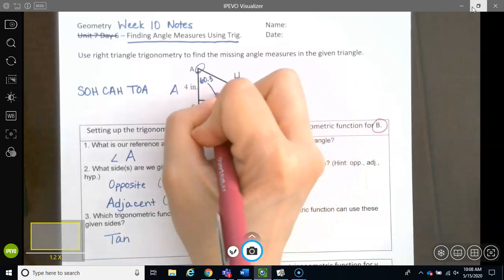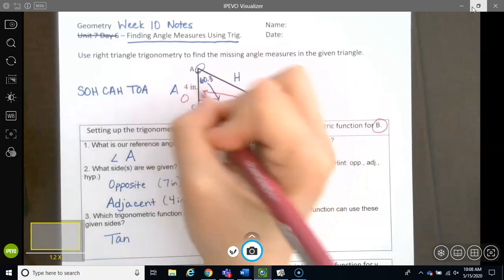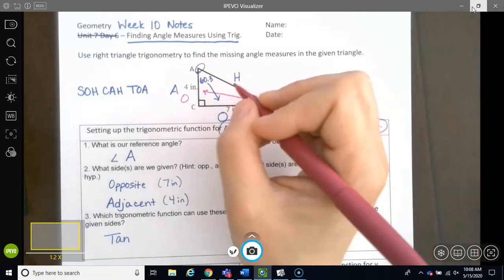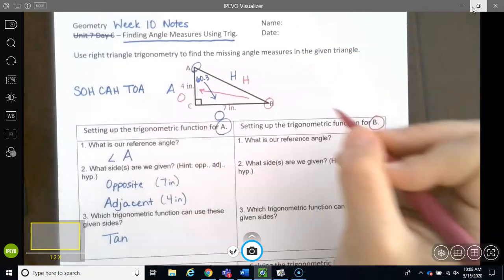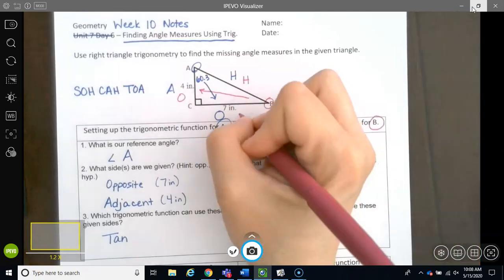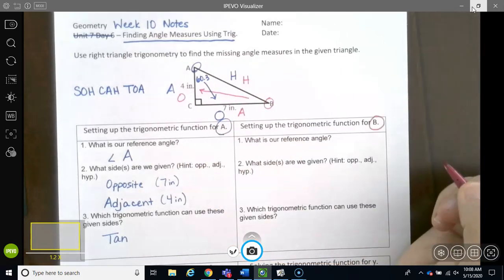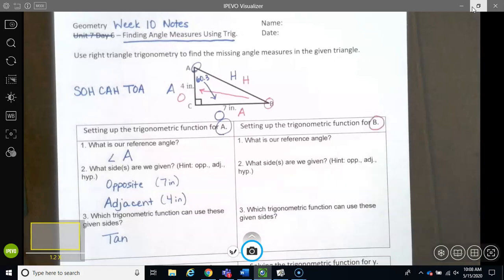So we have a new opposite side. This now is our opposite side. And the hypotenuse is always the hypotenuse, because it's always the side across from the 90-degree angle. Then our new adjacent side in pink is the 7-inch side.